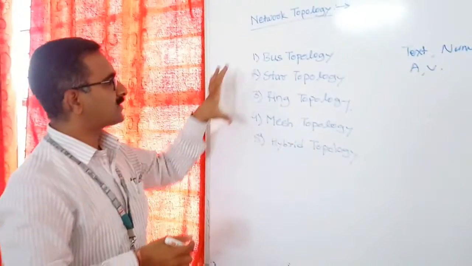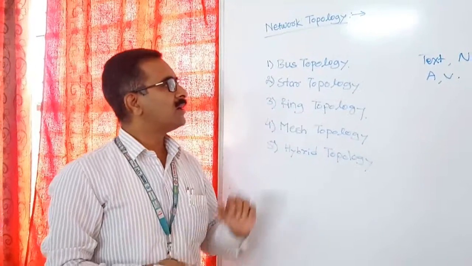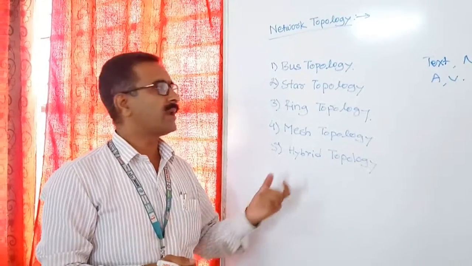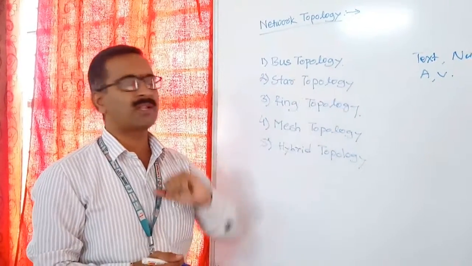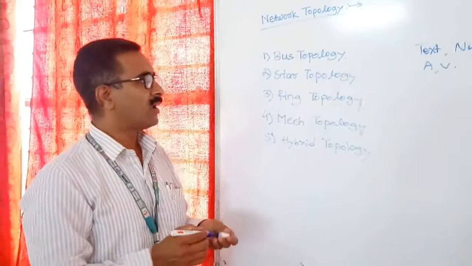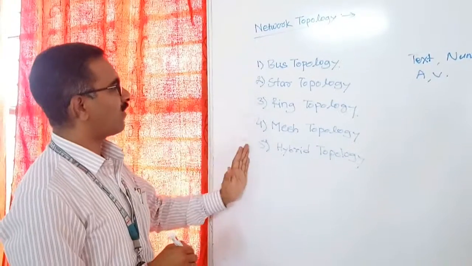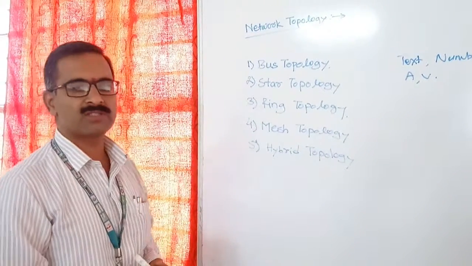By using these types, we can connect the devices to build the network, and information can be shared. Now we will see one by one what exactly these topologies are.